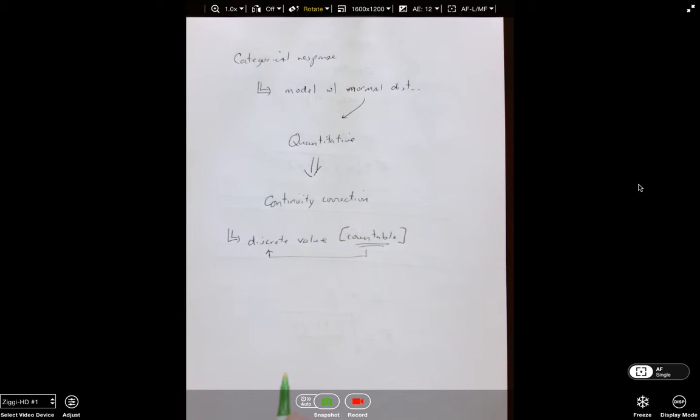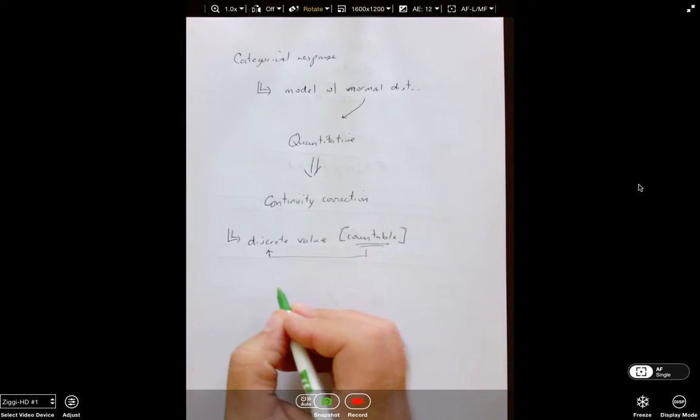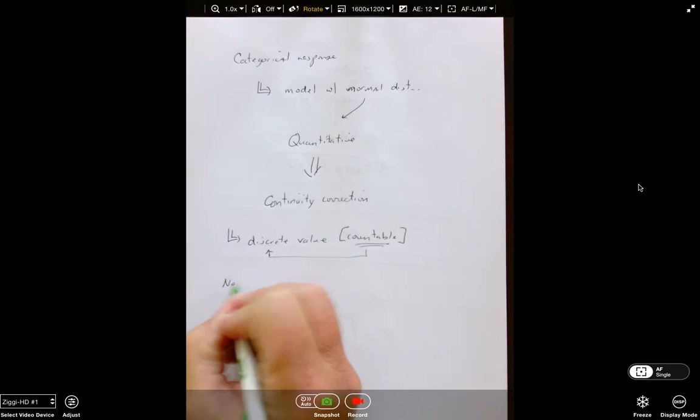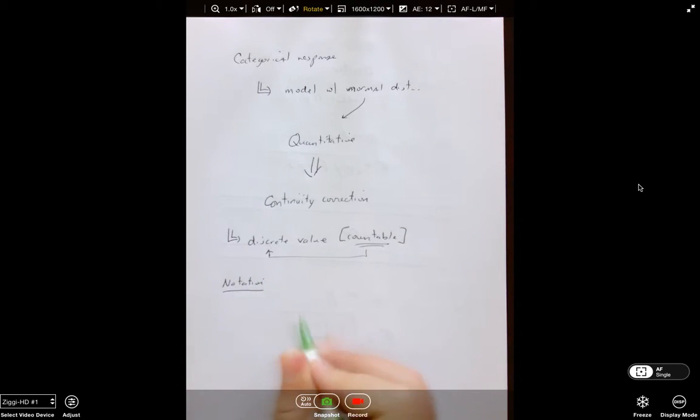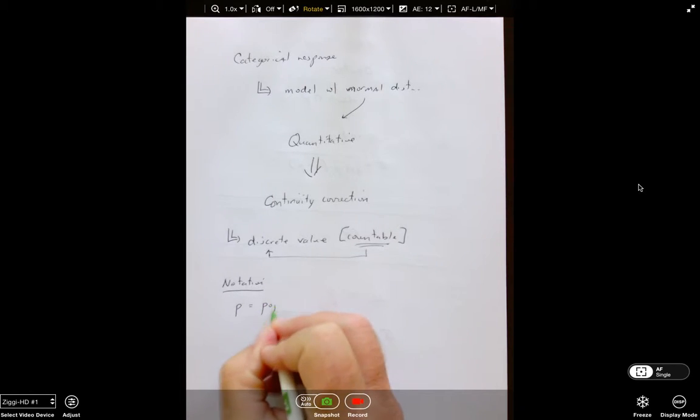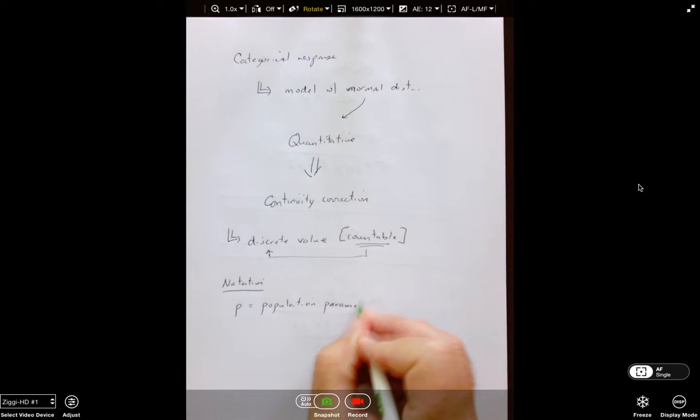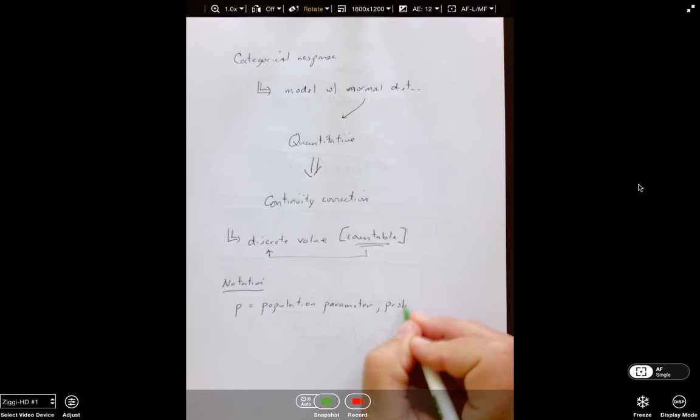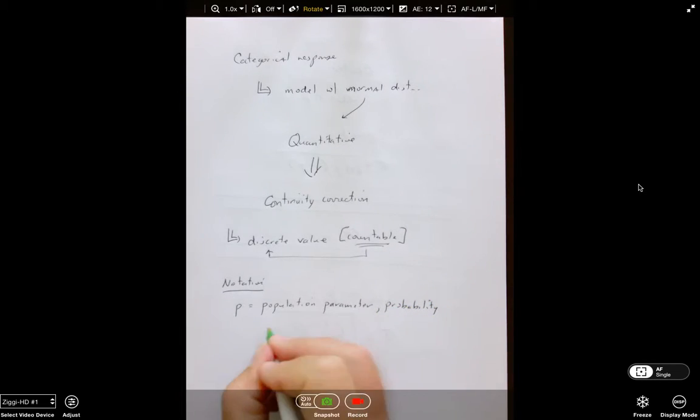Well, when we have a discrete distribution like this, we have to implement what's called a continuity correction to turn this thing into a continuous variable. And it's really easy, and let's just talk a little bit about the notation right now. First of all, P is the population parameter, and this is just the probability of a success.